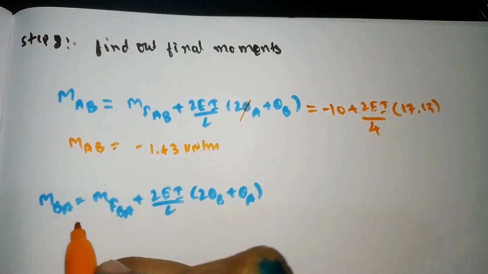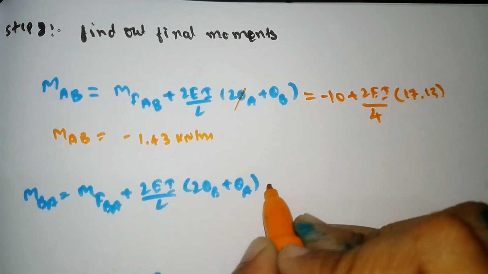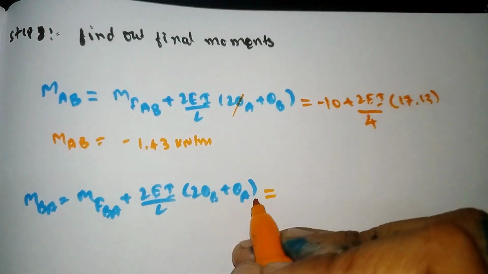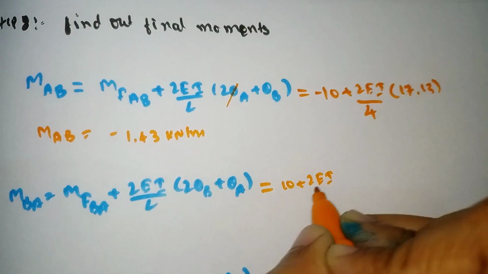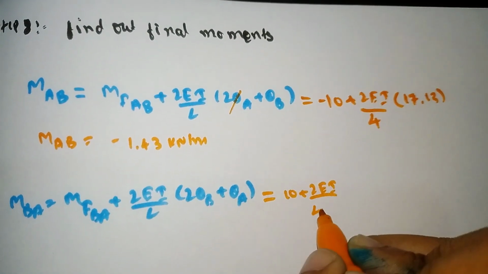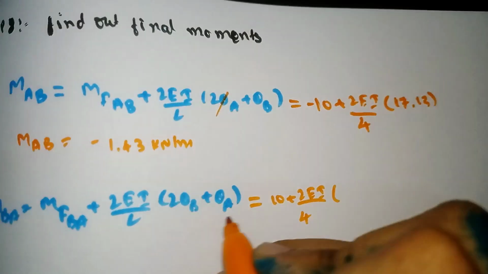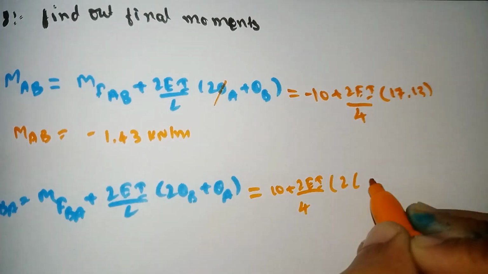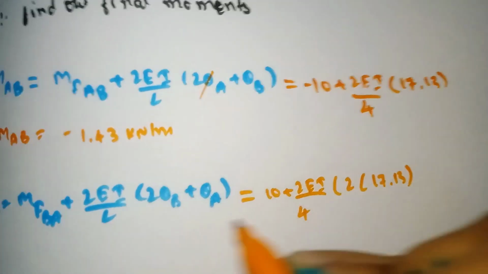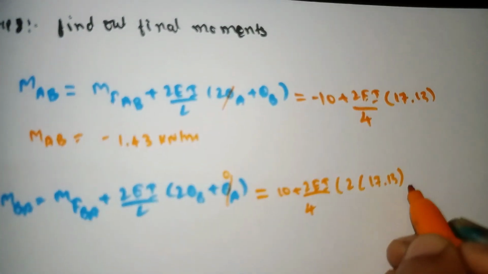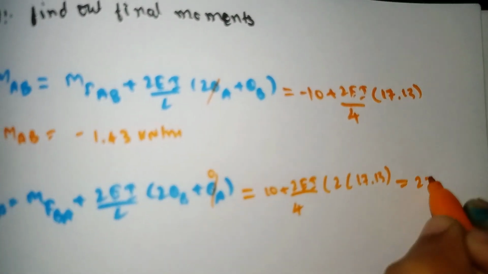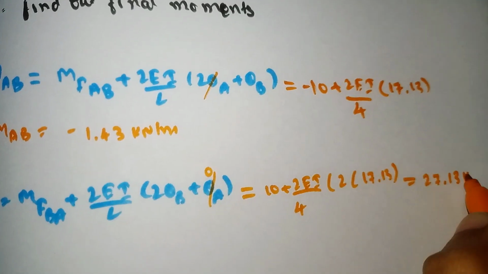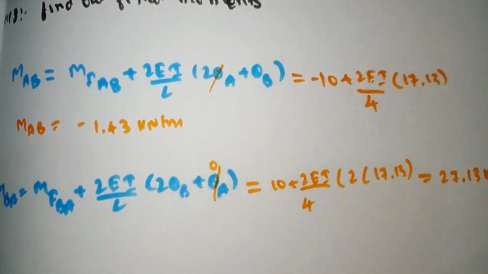Similarly for MBA, I have written the formula, substitute all the values here. MFBA value we got was 10 plus 2EI divided by length of BA, which is 4, and 2 into theta B is 17.13. Theta A is fixed and the value becomes 0. So now simplify it, it will come out as 27.13 kilonewton meter.